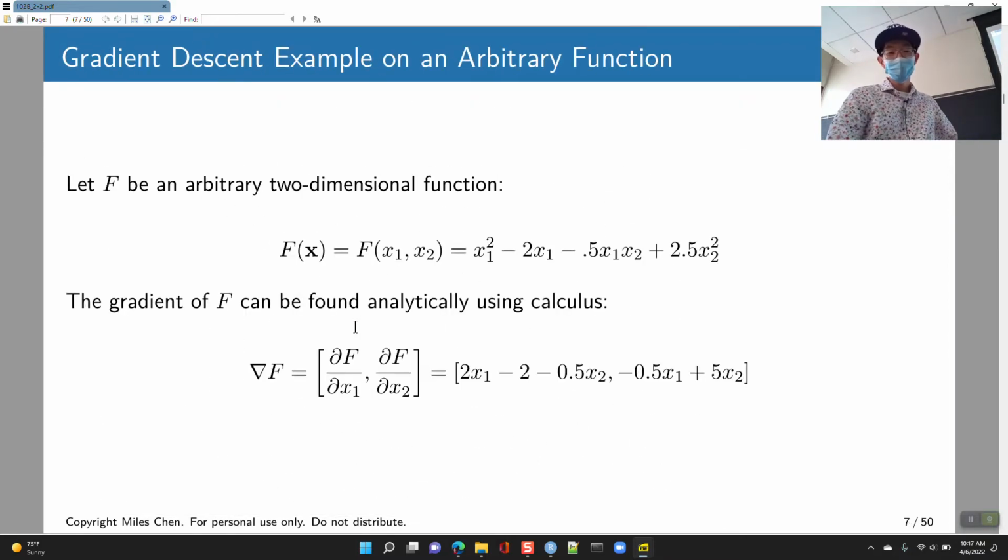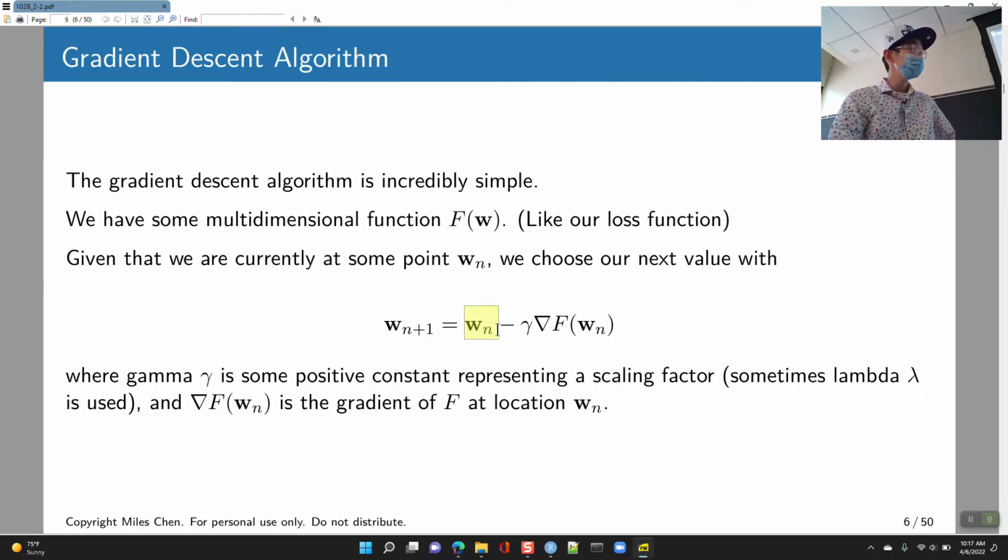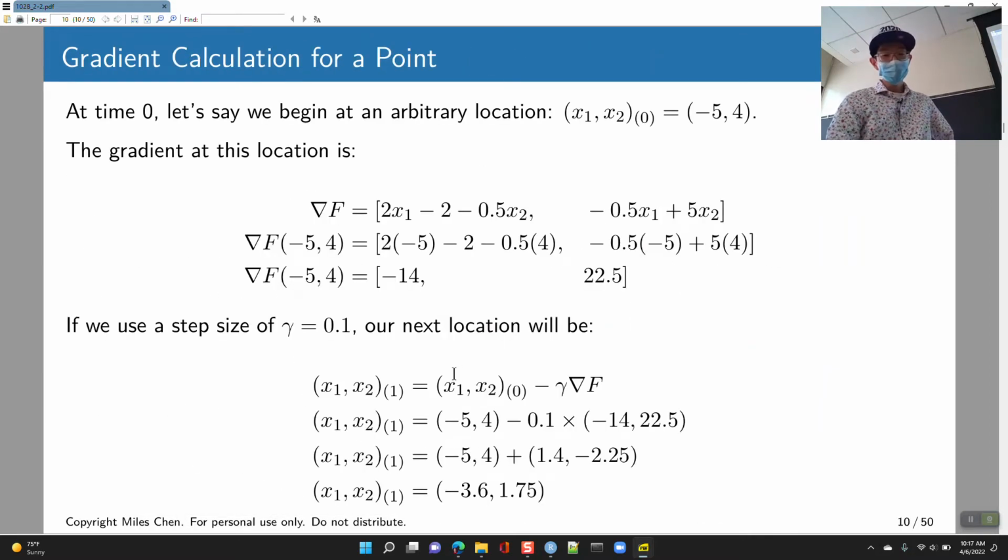Going back to this, we're going to take our current location, x1, x2, which is -5, 4, and subtract off the step size times the gradient. At time 0, x1, x2 is -5, 4. Then I subtract off gamma, which I've arbitrarily chosen to be 0.1, times the gradient, which is -14, 22.5. -0.1 times -14 is 1.4. -0.1 times 22.5 is -2.25.